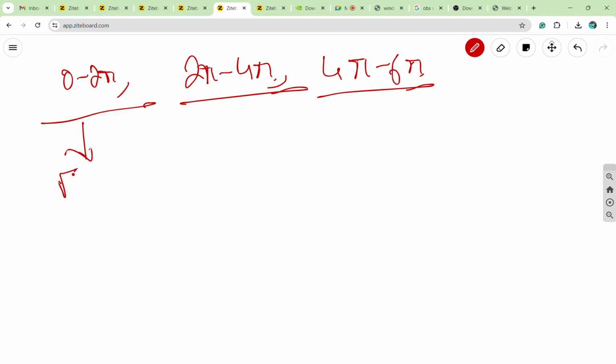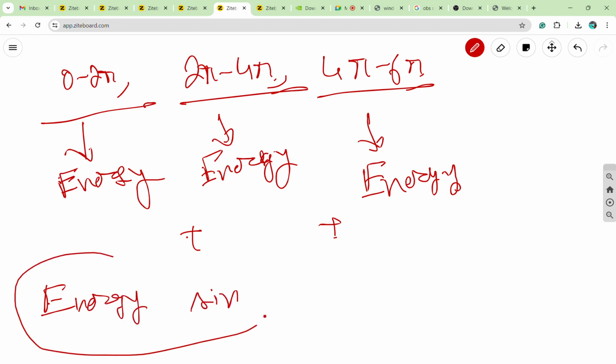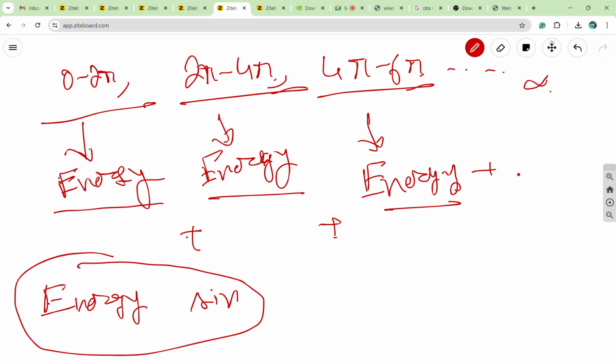So the energy here is equivalent to the energy here, is equivalent to the energy here. But if I sum up all the energies, so if I ask what is the energy of the sine signal, it adds up all the energies and goes to infinite. So energy becomes infinite.